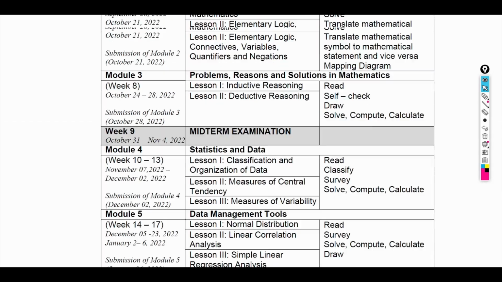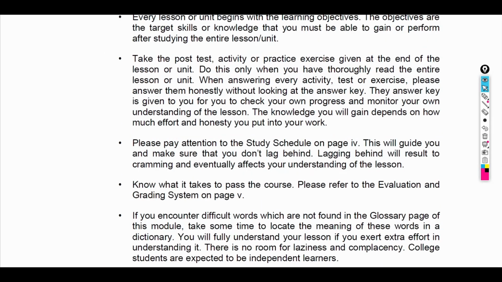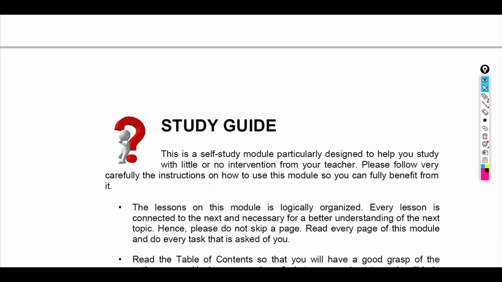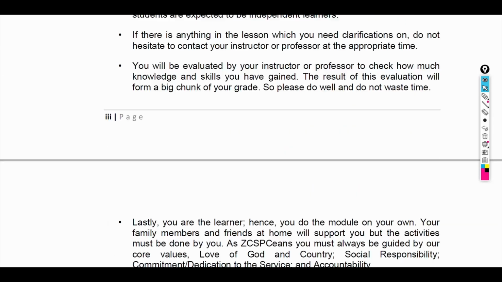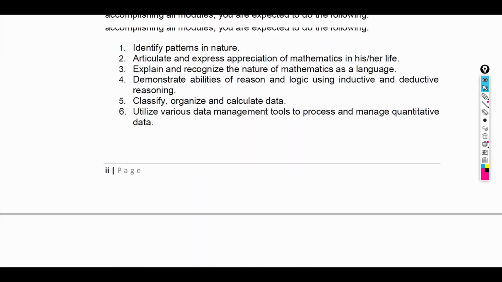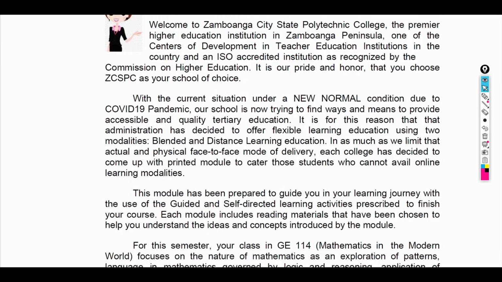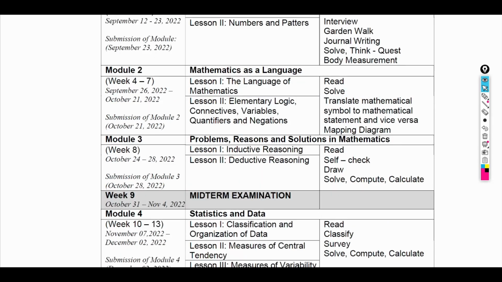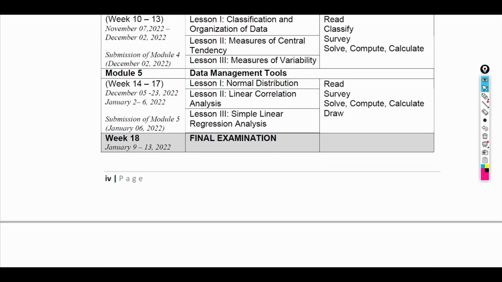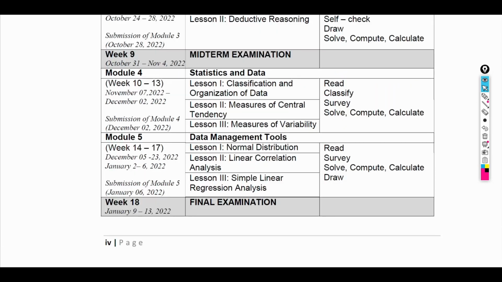Anyway, we'll discuss some of the pages here, especially the study schedule, which you can find on page Roman number 4.